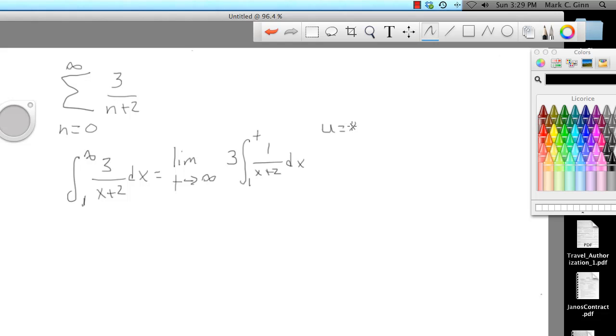Okay, now I guess technically I should do some u substitution here. If I let u equal x plus 2, du is dx, and so this becomes the limit as t goes to infinity of the integral.